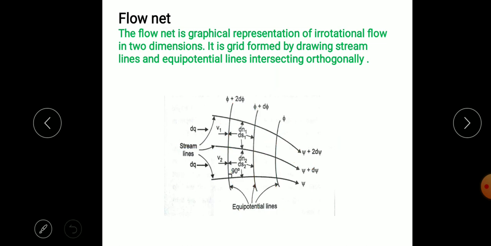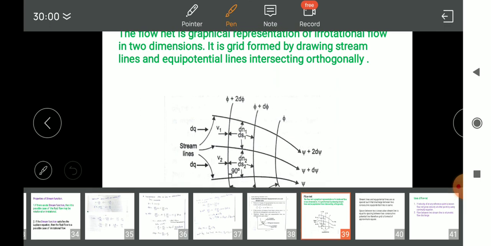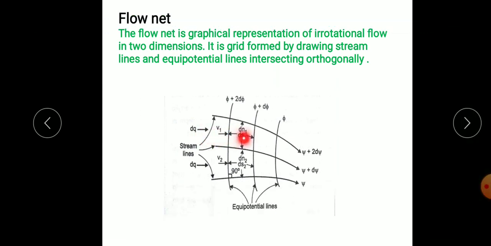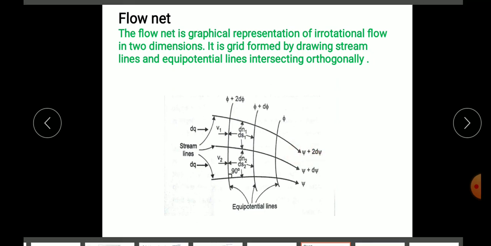The difference between these two streamlines, this is a streamline psi and this is a streamline psi plus d psi. So along the flow, the difference between these two lines is d psi. This difference in the stream function is maintained constant: psi plus d psi, again psi plus 2 d psi.